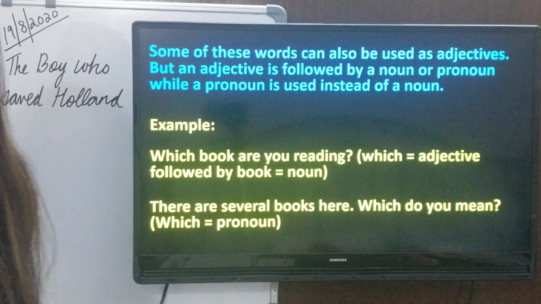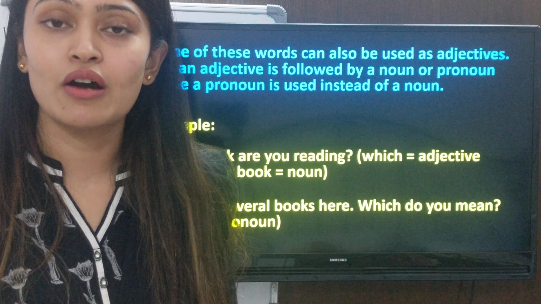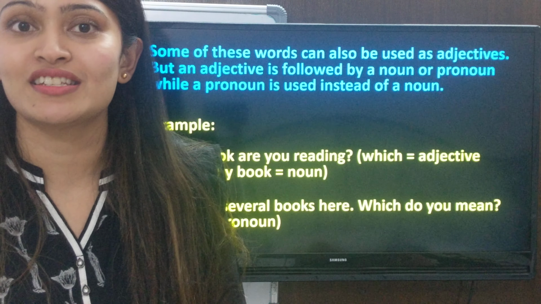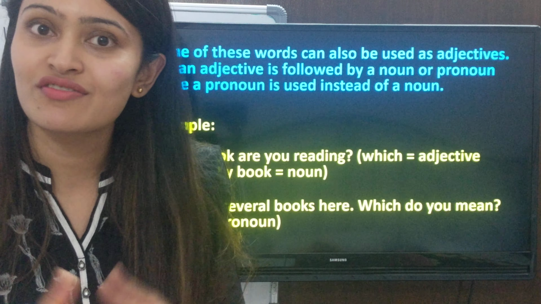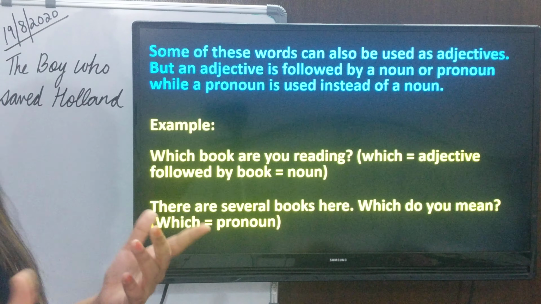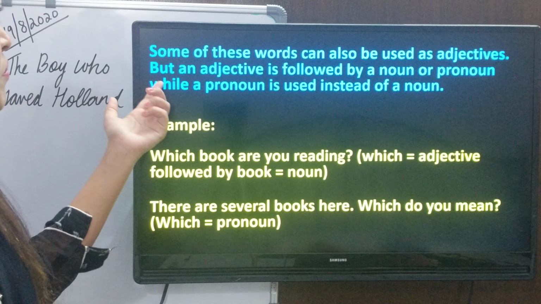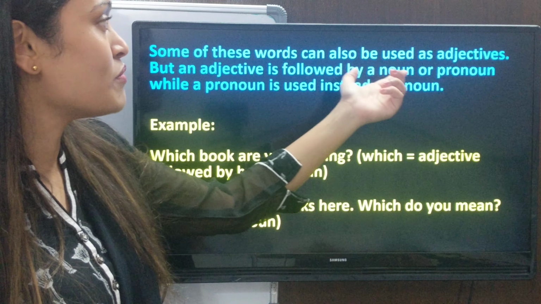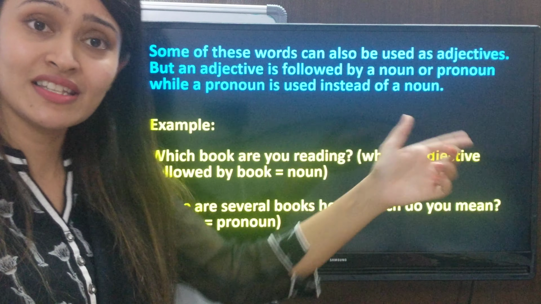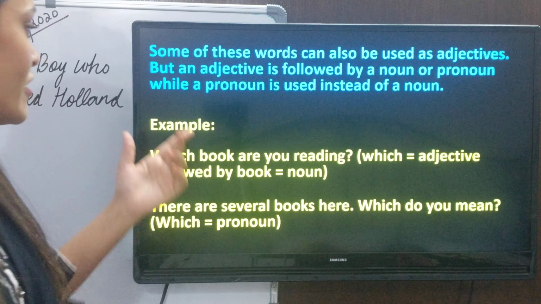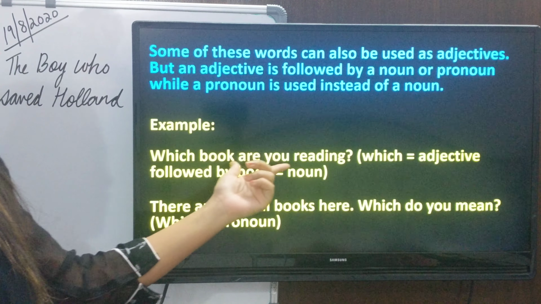Now, which words are we talking about? The examples which we just studied: whose, what, which. They can be used as adjectives as well. That can be quite confusing for us. But an adjective is followed by a noun or pronoun, whereas a pronoun is used instead of a noun. For example, which book are you reading?